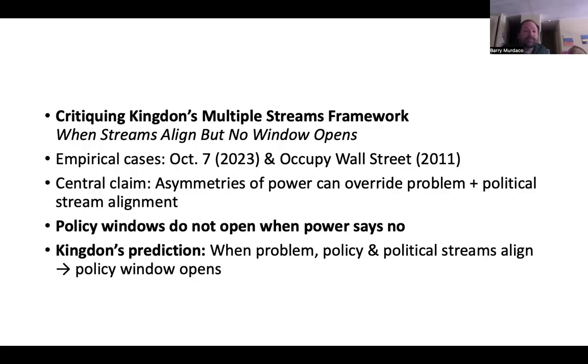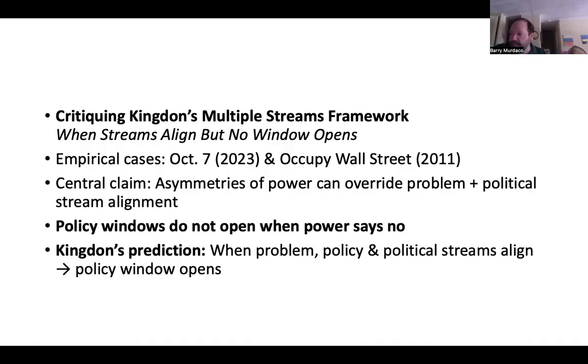In other words, because of the entrenchment of certain interests and the power that they have over the policymaking process, they can essentially block policy from being made, even when the so-called problem stream and the political stream, as well as viable policy options, all seem to be converging at the same time.